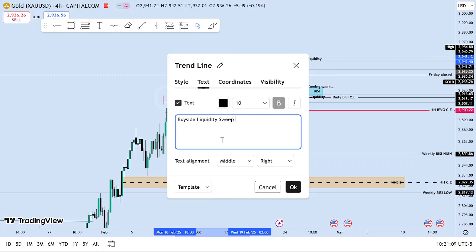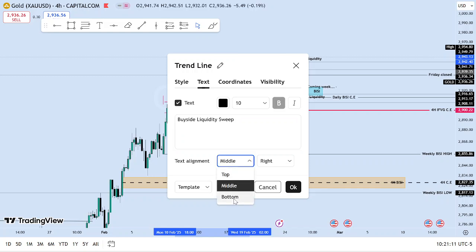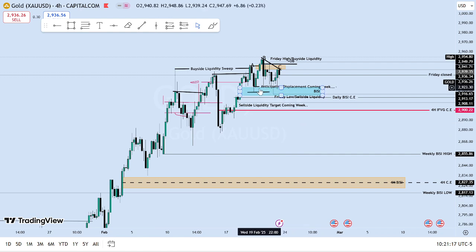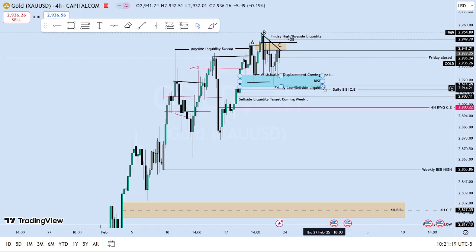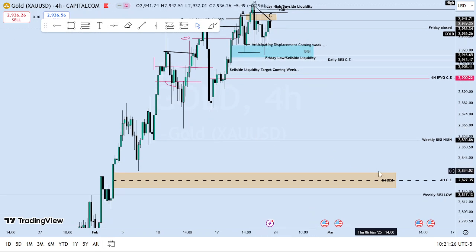So we should be anticipating a displacement, a market structure shift. Then utilizing this BC as an inversion for price to deliver inside it and drop to come and deliver inside this inefficiency coming week.